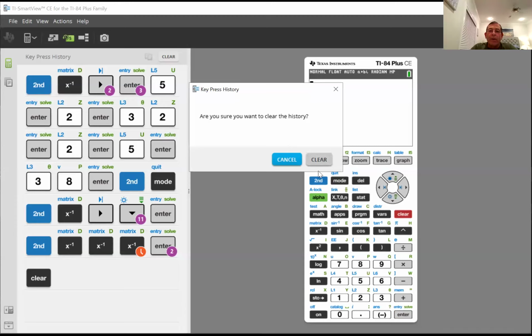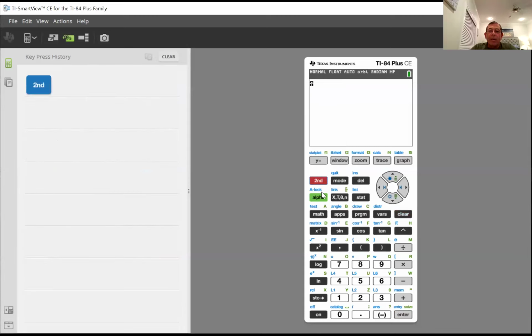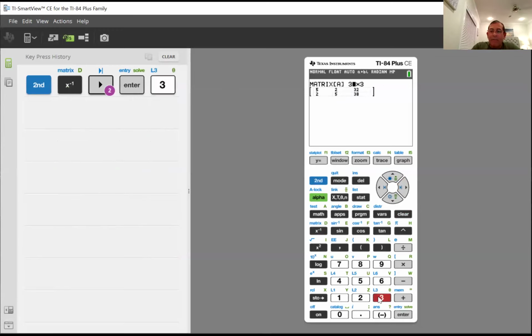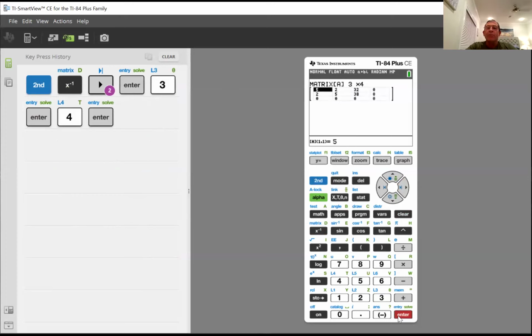All right, y'all. So remember, second x -1, edit. But y'all, this time when I hit enter, this is not a 2 by 3. This one has 3 rows, right? Enter, and 4 columns. So now it's putting all 12 of my places I need.